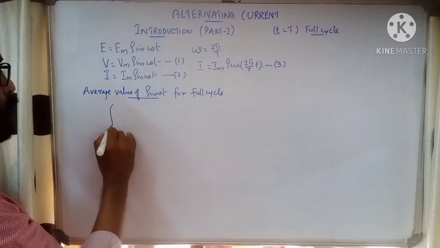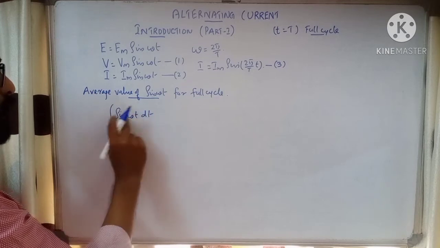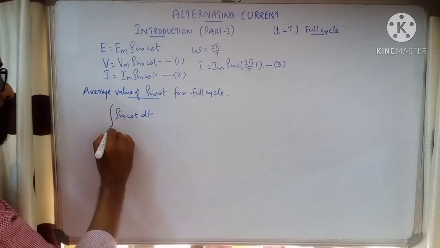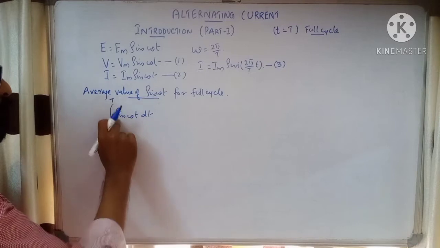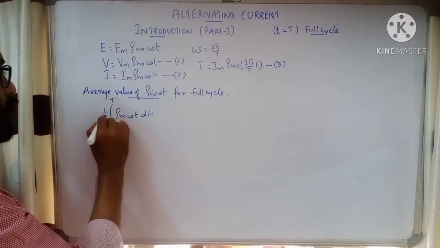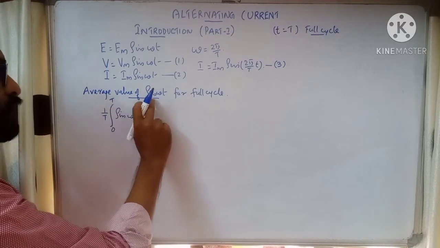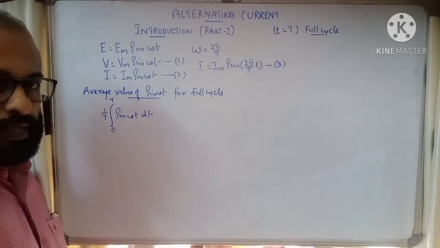So we need to integrate sin omega t dt from 0 to T. This will provide the sum for a full cycle. Then to find the average value, we need to divide by T, that is 1 by T. Okay, this will give the average value of sin omega t for a full cycle.